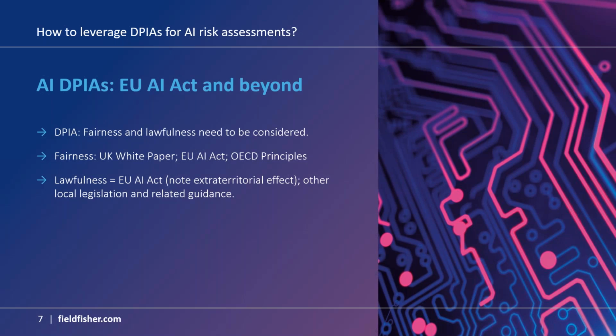Similarly, under Recital 27 of the EU AI Act, there are certain principles set out in respect of trustworthy and ethical AI. And again, they talk about technical robustness and safety. They talk about transparency and fairness, non-discrimination. They talk about privacy and data governance and social and environmental well-being.